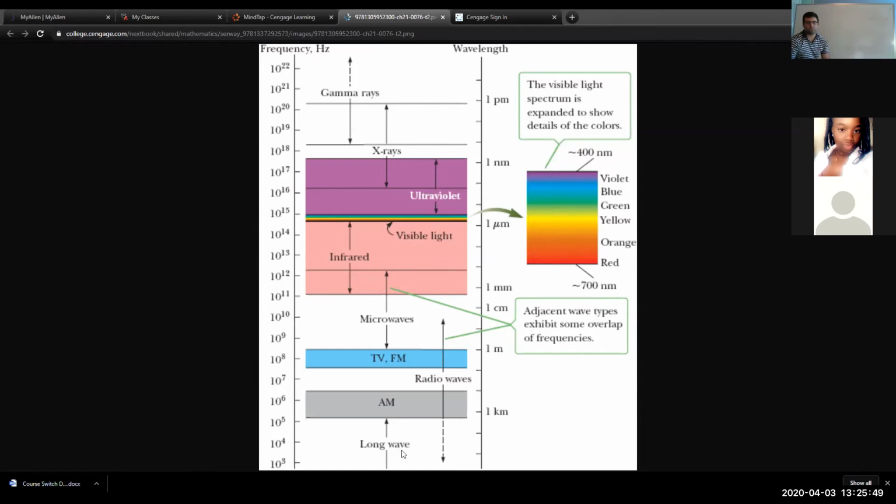All of this stuff out here is everything else. So ultraviolet right here, and infrared. It's a little bit awkward to understand, but what does ultra usually mean?